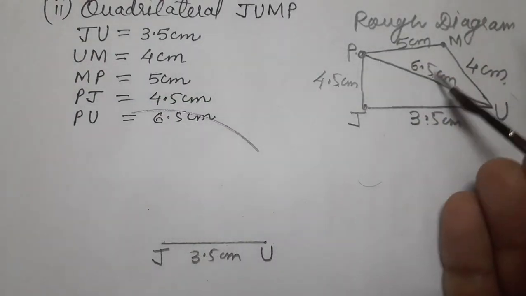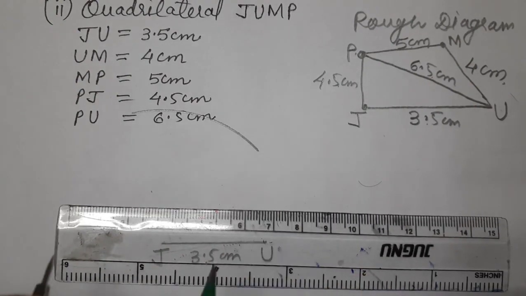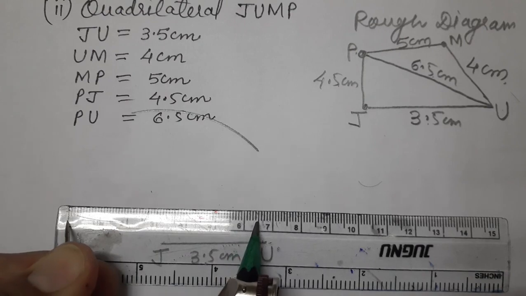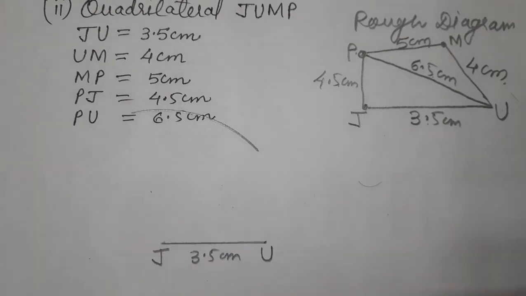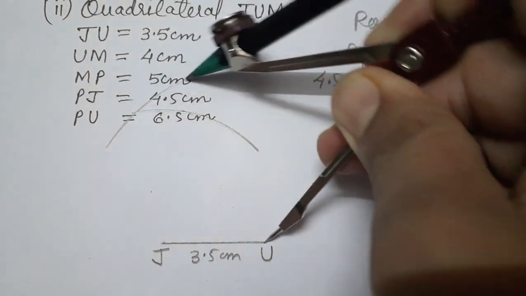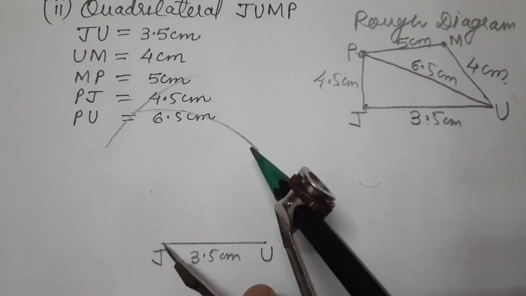Now U to P is 6.5, so we'll make 6.5. Now from U we extend so that the arcs intersect each other.